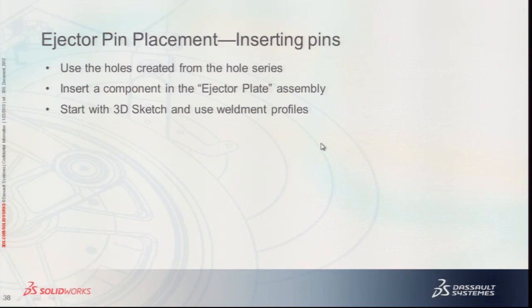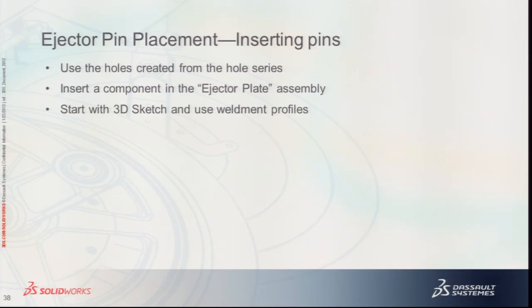Now, for ejector pins, there might be a better, easier way to do this. I found some advantages using weldments profiles for it, and there's some neat things. You have to set this up. It doesn't come default to weldments.